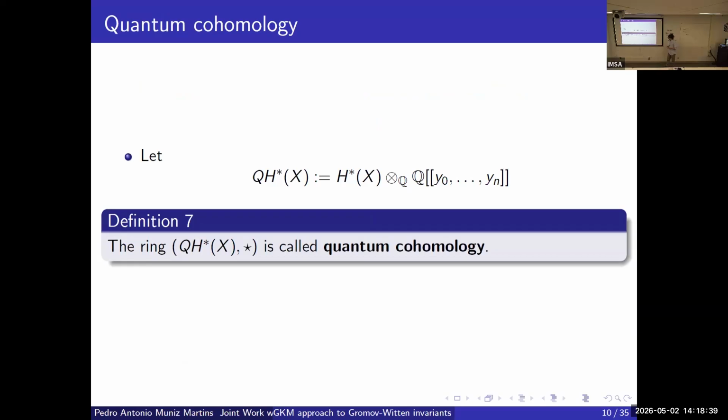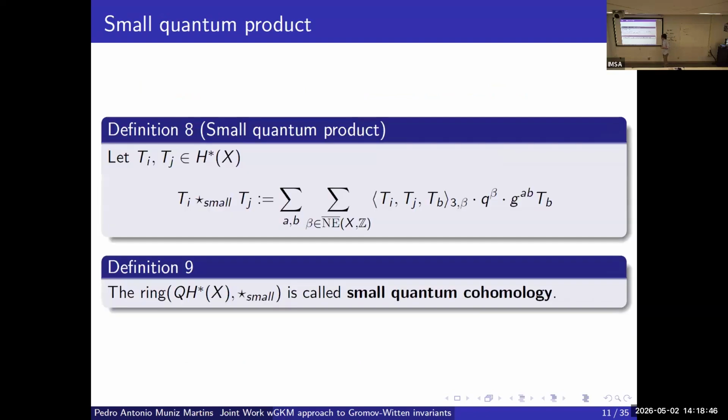Okay. Well, it's really hard to compute the big quantum product. However, it's possible to compute the small quantum product. The only difference is that we define it like this, and we consider only classes in the second cohomology. Again, this small quantum product is associative, commutative, and has an identity, and it's possible to define a ring with the one that I showed in the slide before.